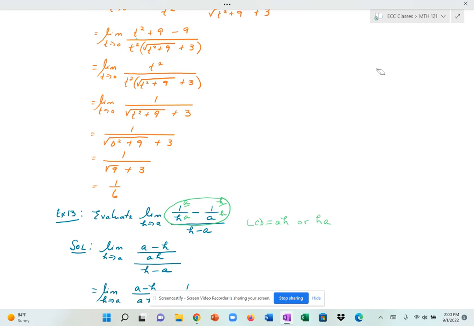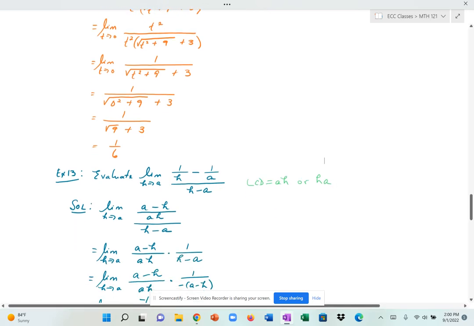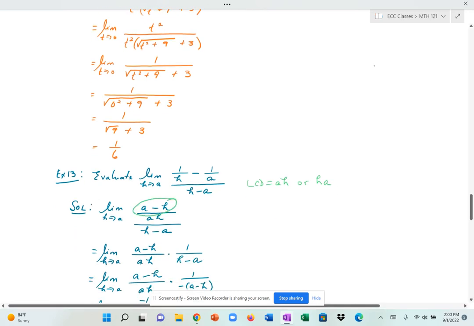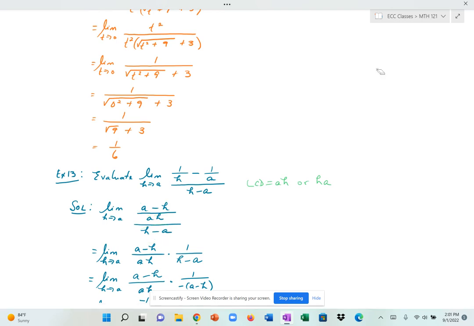So on the next line, that's exactly what you see. I have a minus h over the common denominator of ah. Doesn't matter if you write it as ah or ha. It's the same thing. And I left the denominator alone. So now I can see that this and this kind of looks similar. This happened in a previous example, except they're off by a sign.